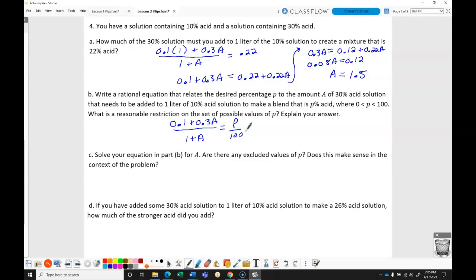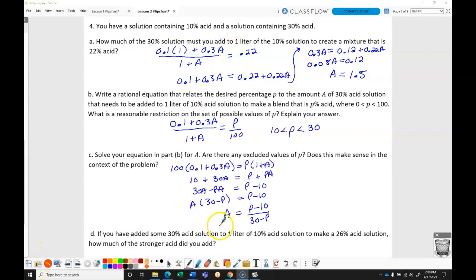That's what it's telling me to do. Now, the mixture is already at 22% before I do any addition, basically. So I know that. I just brought this up. This is solving like we just did on the last problem. So I took my equation here and I cross-multiplied. I did 100 times both of those things, and 1 plus a times the p.